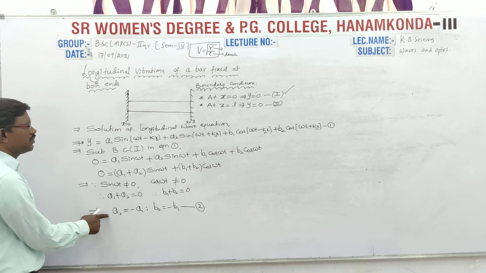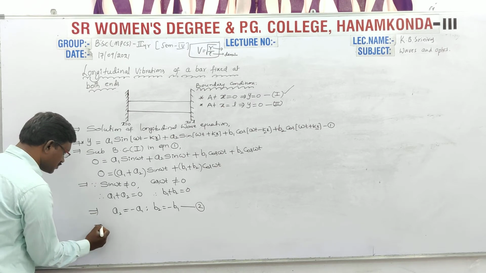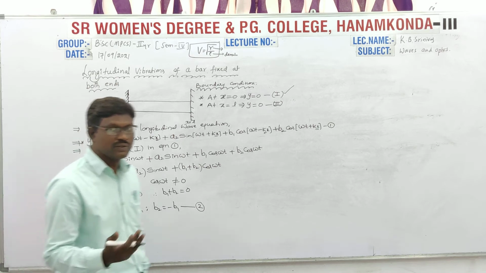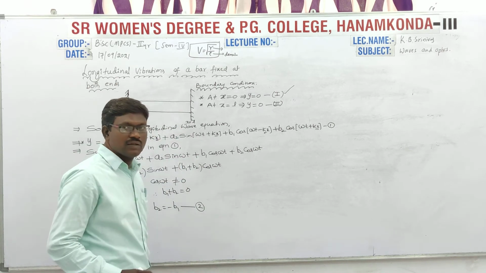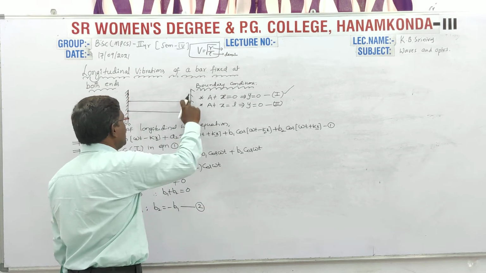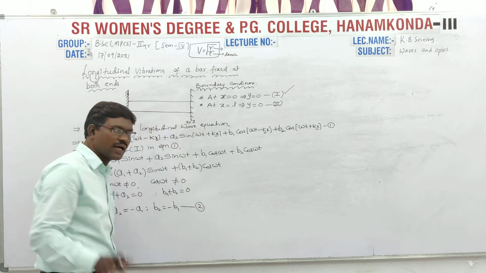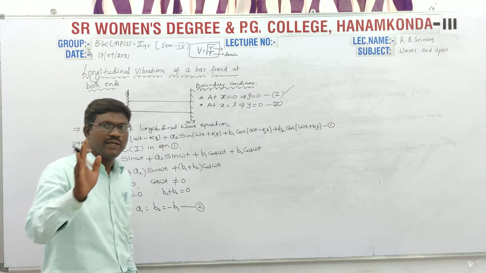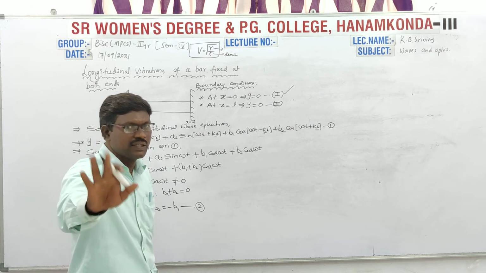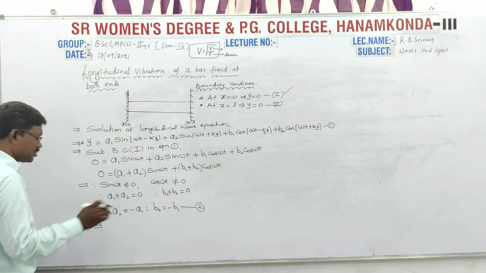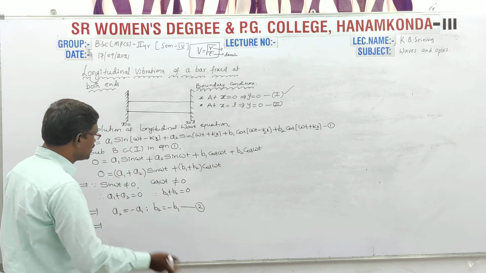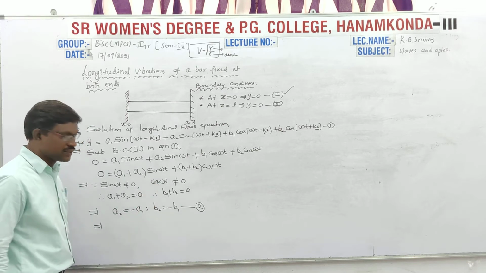Substitute equation 2 in equation 1. What is my aim? Here I am going to calculate the frequency of the bar, if it is fixed at both ends. Ultimately, my aim is to calculate the frequency of the bar only. Just keep that point in your mind.